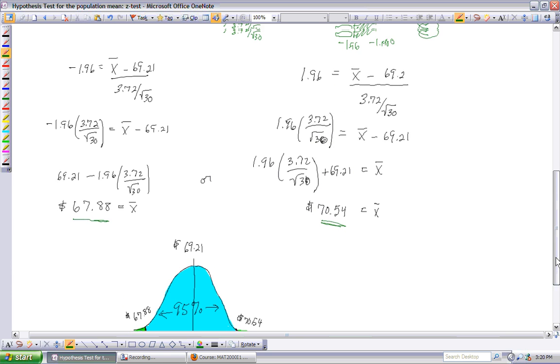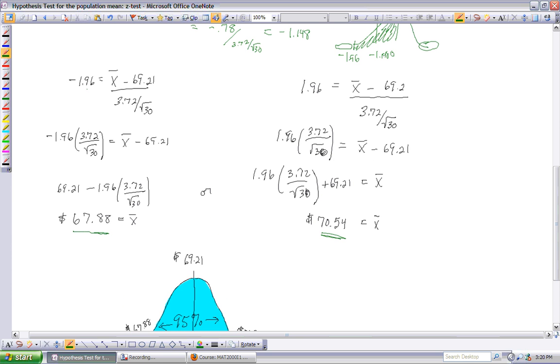Let me show you how I got that. Since I knew the critical value was negative 1.96, I plugged it into the formula along with all the values, and instead of solving for the z-score, I solved for the sample mean, x bar. That would cause us to reject the null.